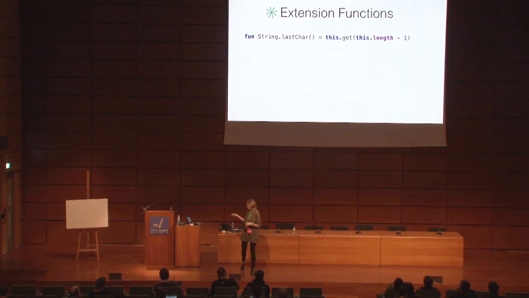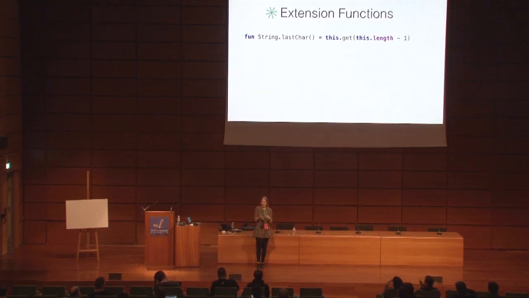For example, I would say every project has its own string utils or some other util, so you use some special library class for that. And how do we implement it? We usually provide a bunch of static functions in a special class that you can use.